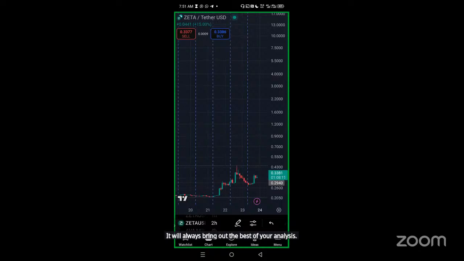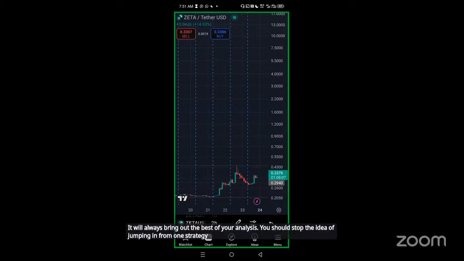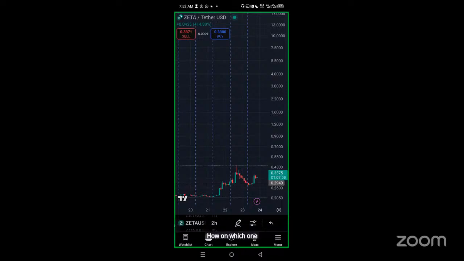You should stop the idea of jumping from one strategy to another, or one support tool to another. Try to pick the one among the different list that you feel would help you improve the quality of your trades.